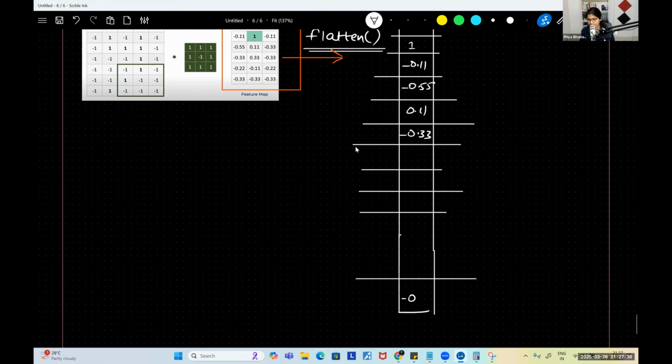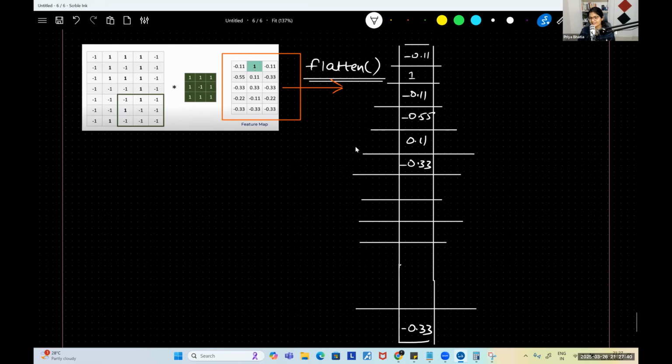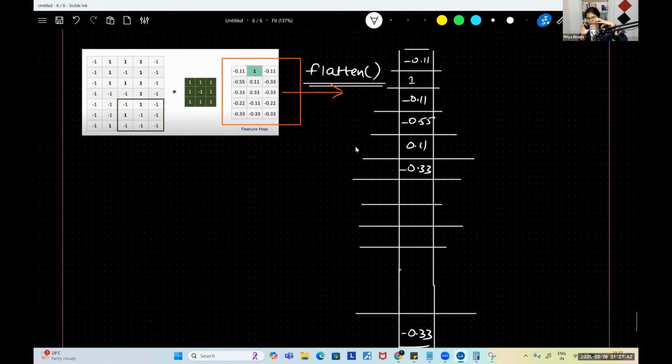When you say flatten, it will convert this matrix into one-dimensional data, where all of the values available in the matrix will be written row-wise in the input layer as input features.